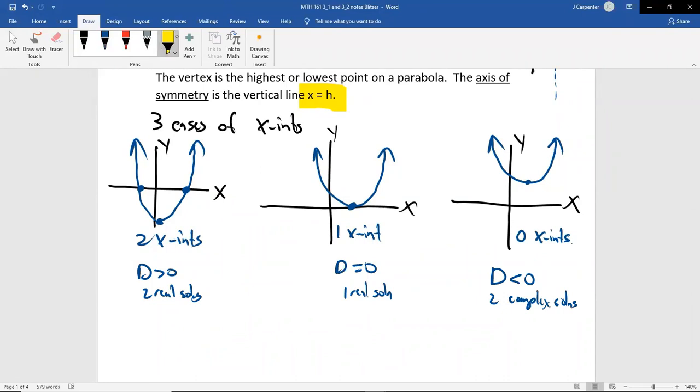And it is this right here that once again emphasizes what it truly means to be an imaginary number. The first 2 cases have real solutions because they cross the x-axis. This third one imaginarily crosses the x-axis.